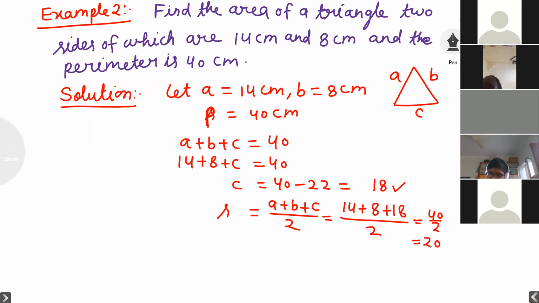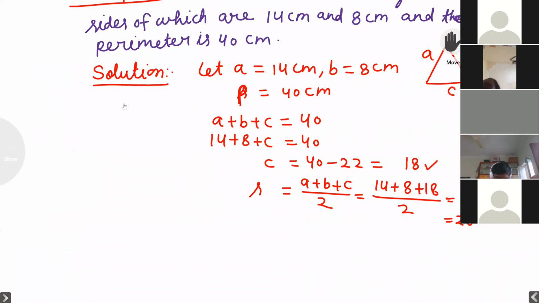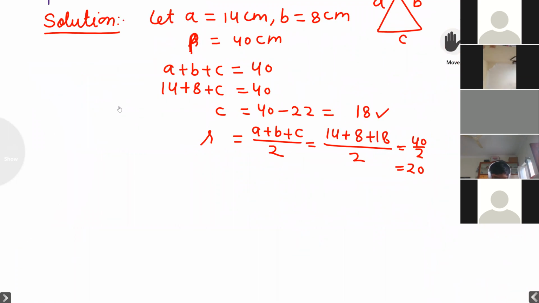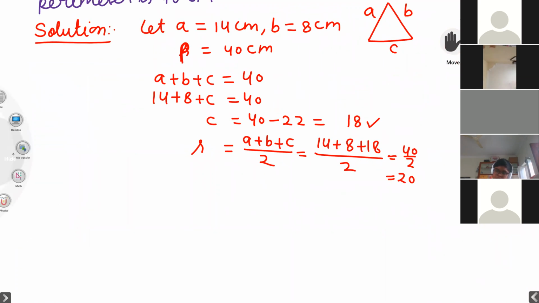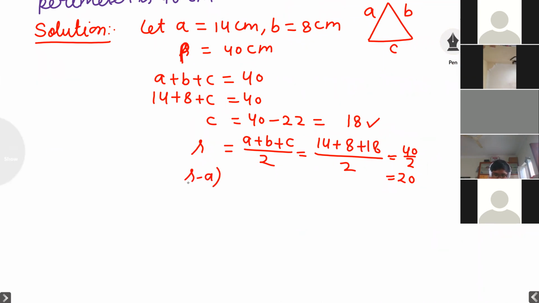Now I want to find out S minus A, S minus B, S minus C. S minus A: the value of S is 20, A value is 14, so 6. S minus A is 6.